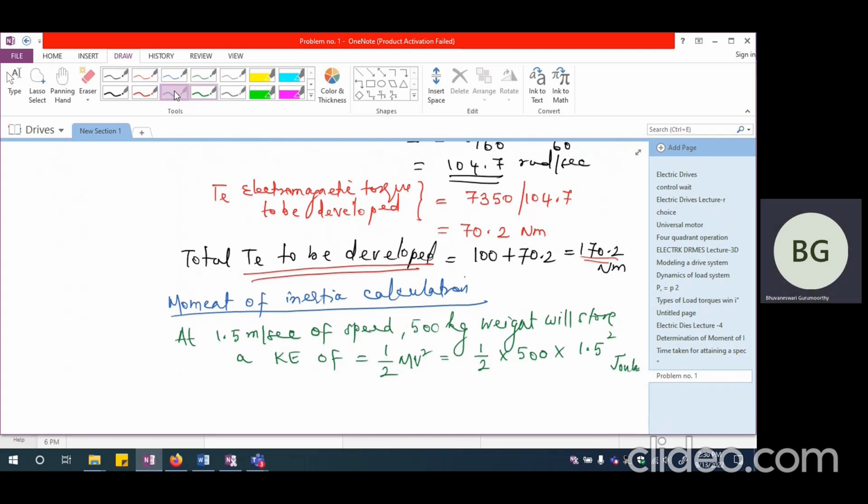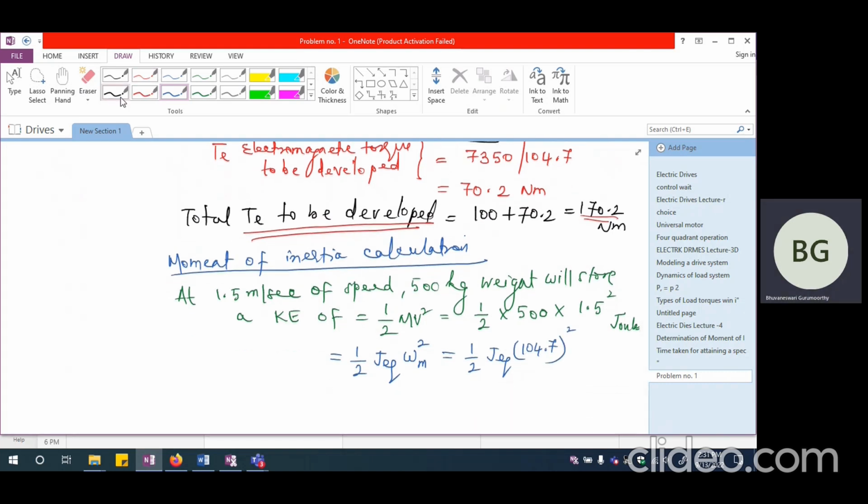Now, if I have to look at it from the motor point of view, I have to equate this to half J equivalent multiplied by omega m square, where omega m is the rotational speed of the motor. So that will be half J equivalent multiplied by 104.7 whole square.